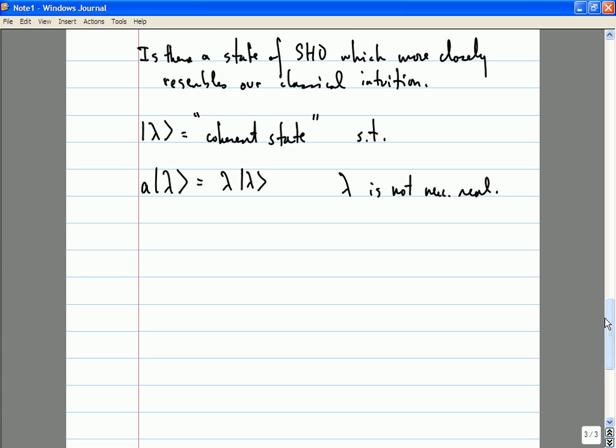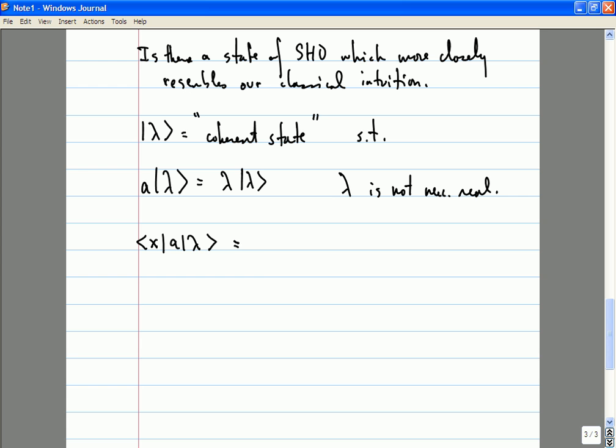So let's understand why it is that this new basis of states is the correct one to use if we wish to make contact with our classical intuitions. So let's write down the wave function for this state.